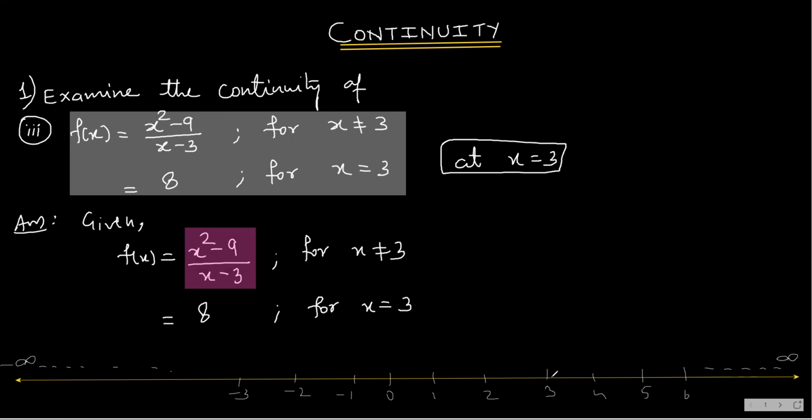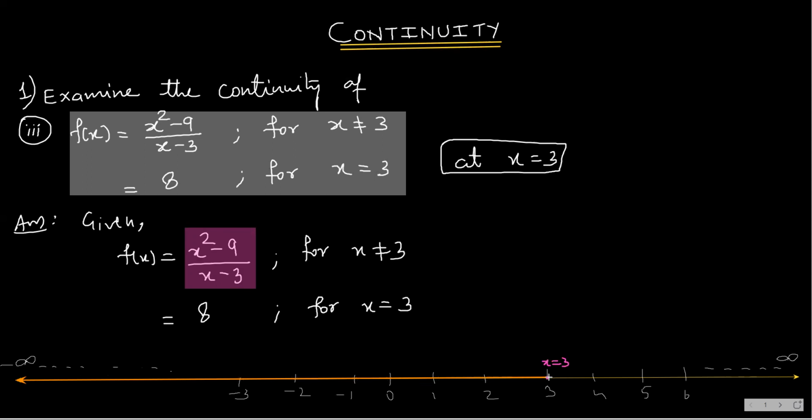The fact is, except this point, all the points are x not equal to 3. Why? Because this is the point where x is equal to 3. So elsewhere x is not equal to 3. See, in this direction on the left of x equals to 3, all the points x is not equal to 3.